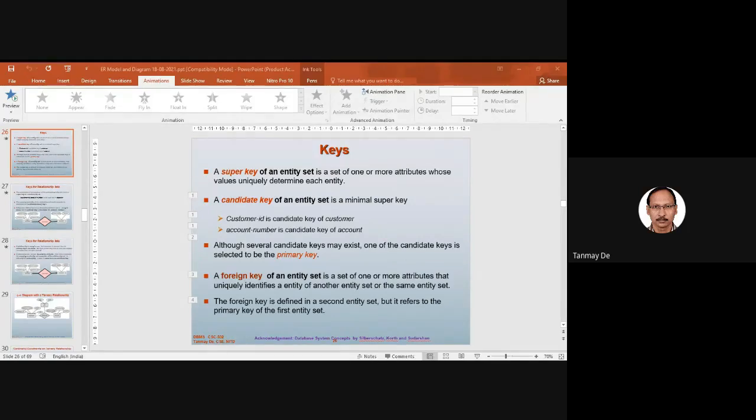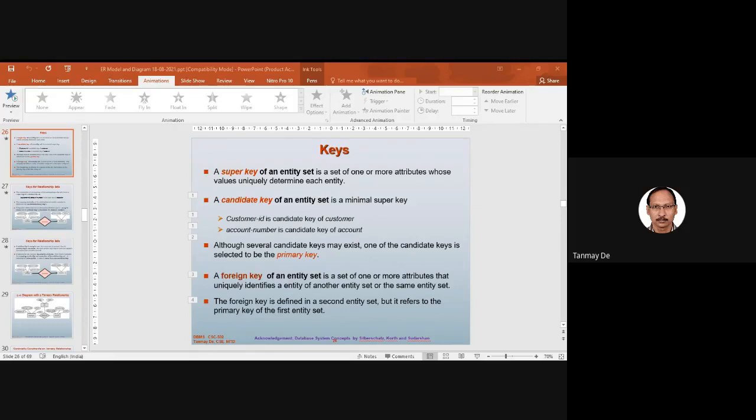But in this example, if we consider the customer name, the same name may be possible in a customer list, whereas customer ID is unique. So only one candidate key in this example, customer ID, and customer ID is the primary key also.